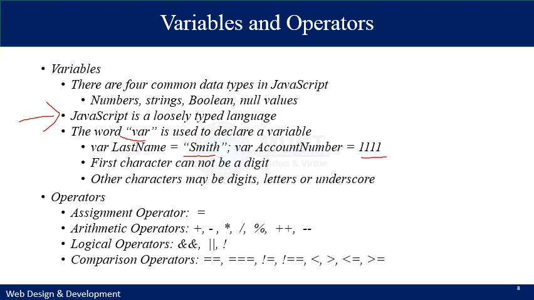Similarly, the operators are the same in the language like any other language. For example, the assignment operator equal to is used to assign the values. There are some arithmetic operators such as addition, subtraction, multiplication, division, remainder or modulus, increment, and decrement operators.